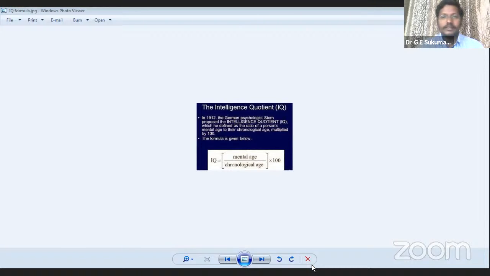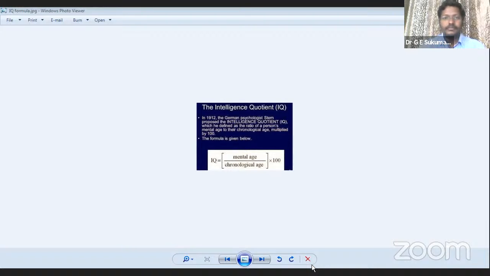Then I calculate that and get the IQ level. When I interpret this IQ level, it places the person at average intellectual ability, that is 90 to 110 IQ, or above that, or below, which is called below average intellectual abilities. So this is how I can test the intelligence of a person.